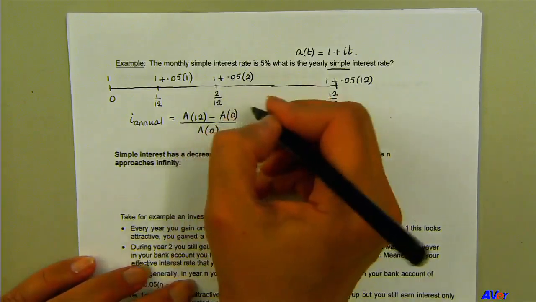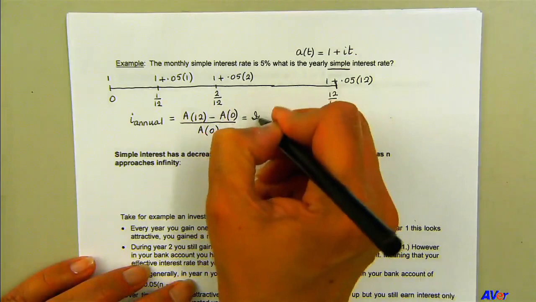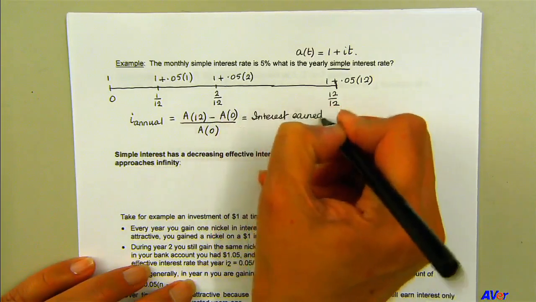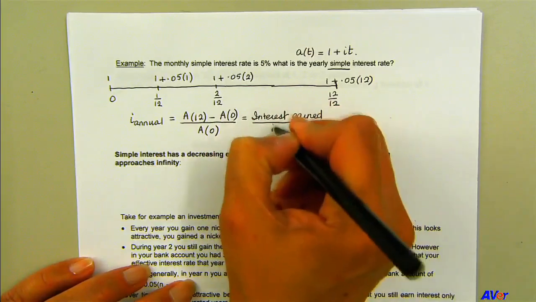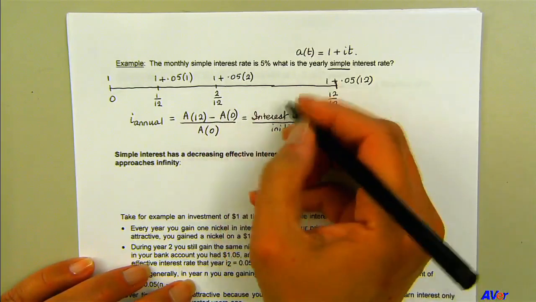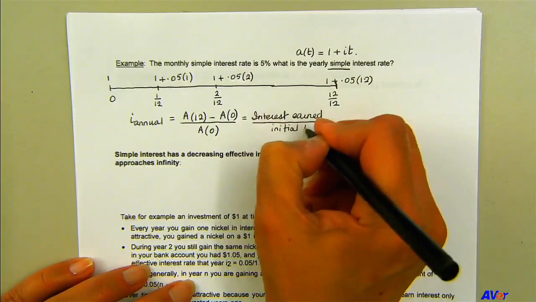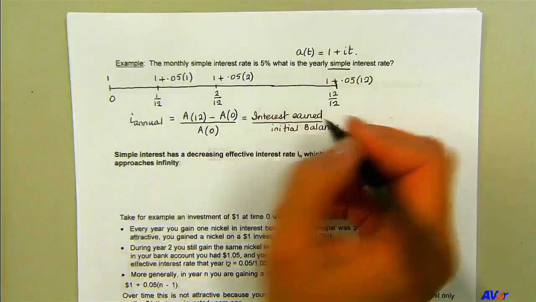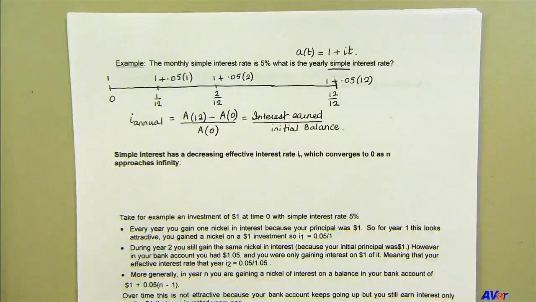So the numerator is the interest earned divided by the initial balance. We said that the last time. Let's see what page that was on where we said that.